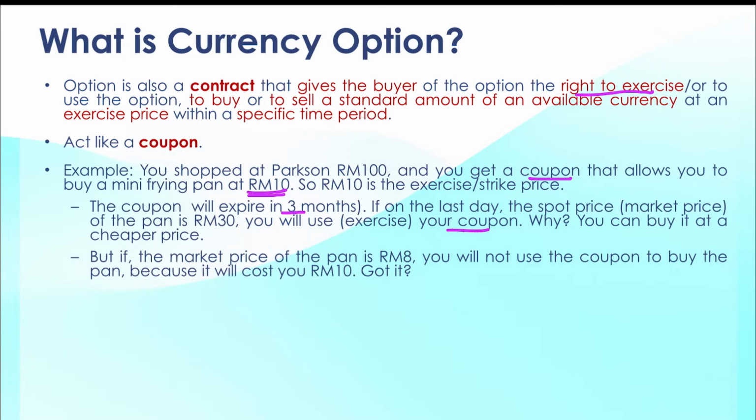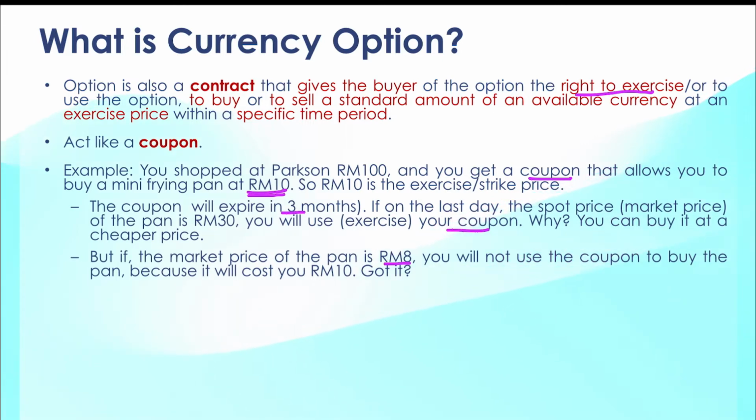And if the market price of the pan on the last day after 3 months is only 8 ringgit, I ask you again, do you use the coupon and pay for the pan at 10 ringgit, or do you just buy the pan at the market price?